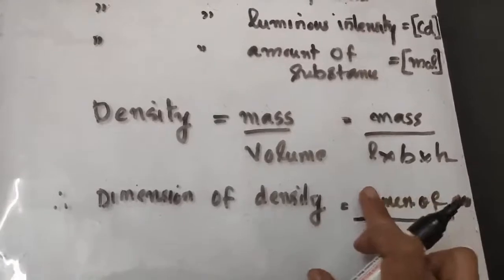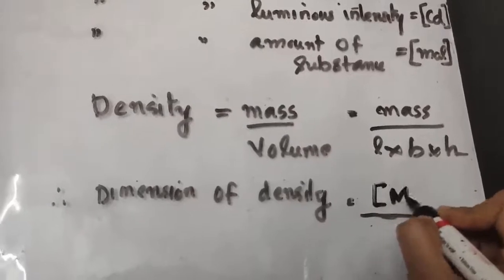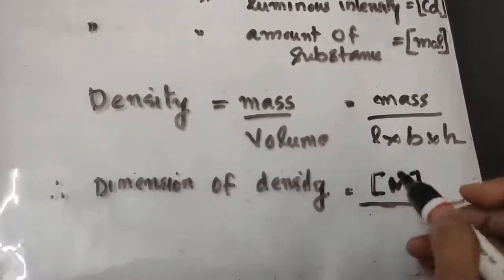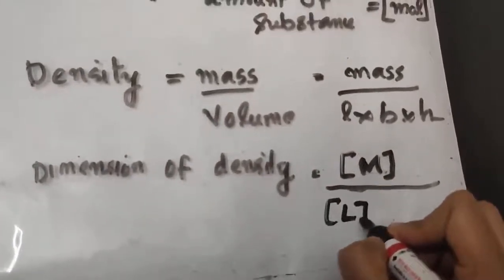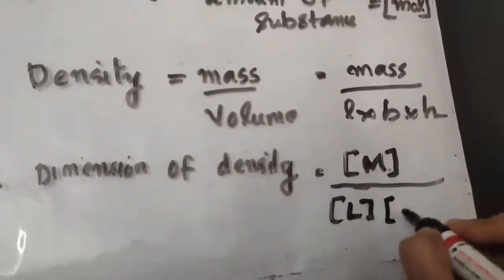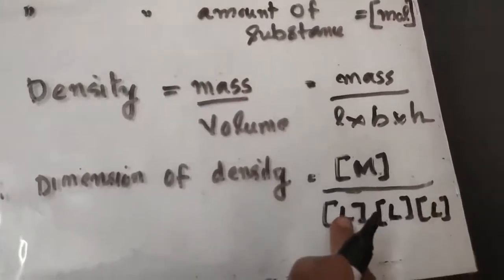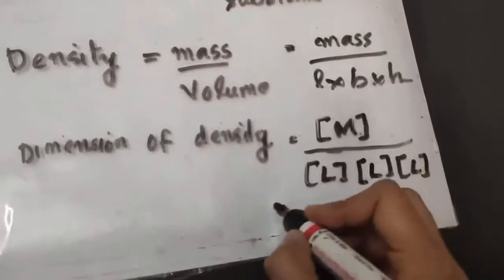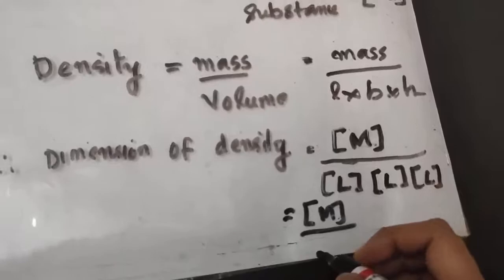So dimension of density is equal to dimension of mass. How do we write dimension of mass? Dimension of mass is denoted by square bracket M, divided by dimension of length L, and again L, and again L. L into L into L is L cube.